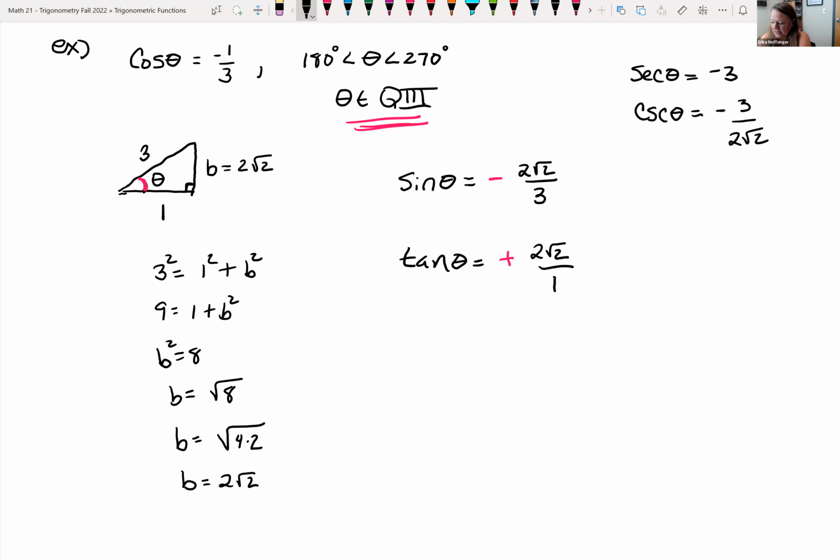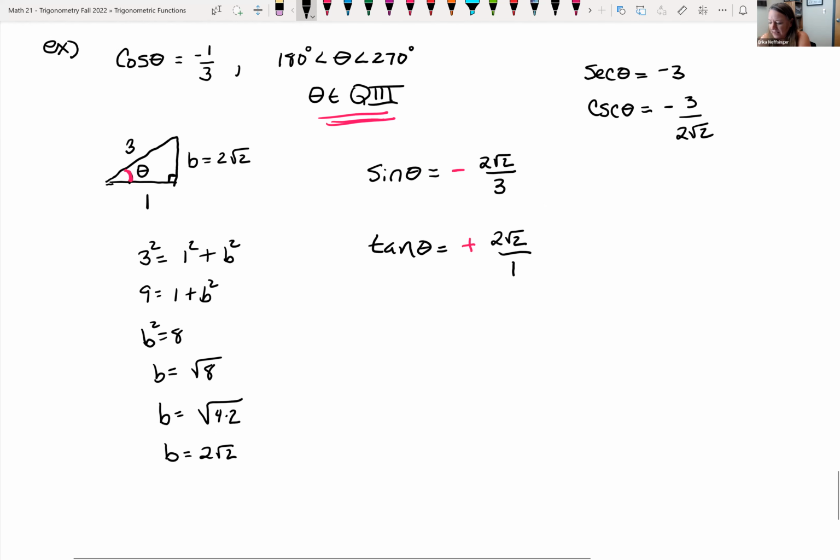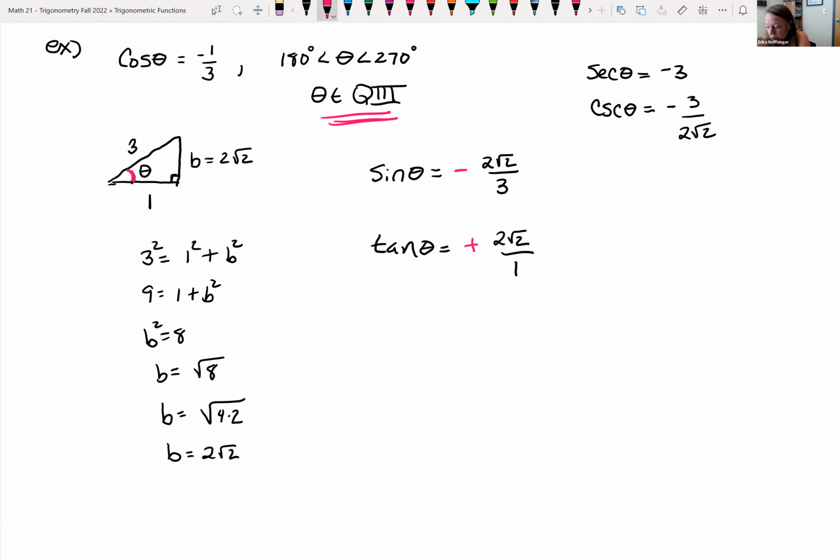Getting rid of the radical in my denominator, multiply by a fancy 1, root 2 over root 2, and I would get back negative 3 root 2 all over. Root 2 times root 2 is root 2 squared, or 2. So that's 2 times the 2 out front here, so that would give me back 4. So that was cosecant theta.